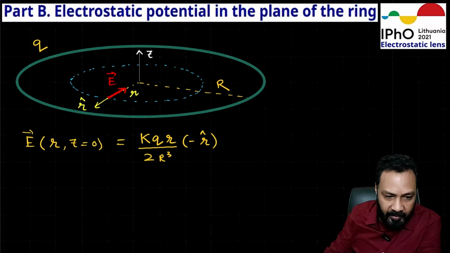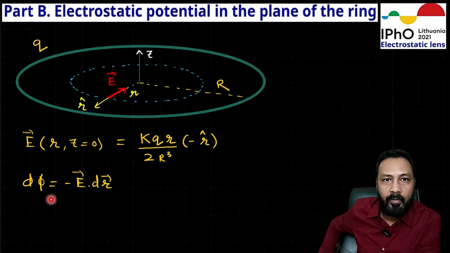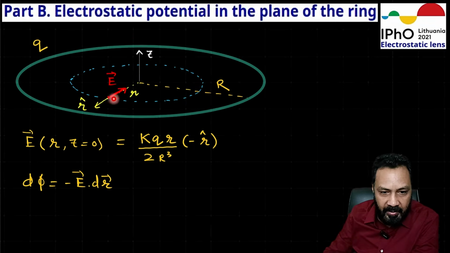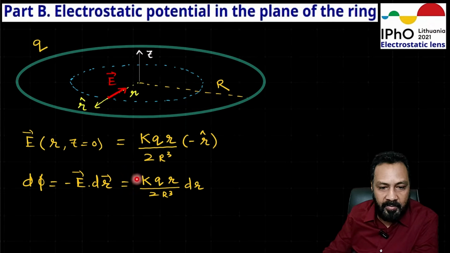For this electric field, we want to write the potential. The increment of the potential, obviously d phi, would be minus E dot dr. Dr is in the increasing direction of r, so E dot dr is minus E dr. So that would become simply E dr, the magnitude of E and dr, that is kq small r by 2r cube.